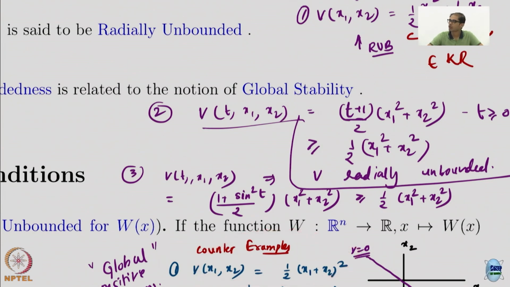There are only two states, x1 and x2, and I am giving you the function (x1 + x2) whole squared, and the division by 2 is irrelevant. Is this class K, class KR?